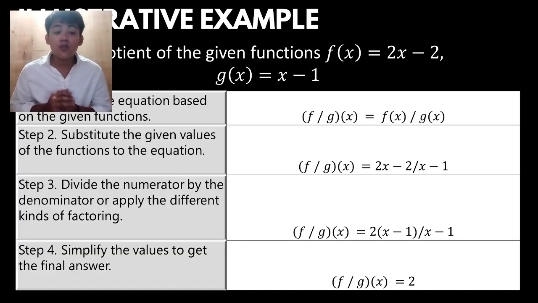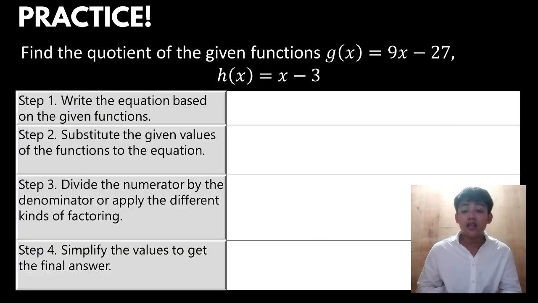So are there any questions or clarifications for this one, class? None so far, sir. Okay, so you followed well in our discussion. To practice again, let's have another example to be answered by class number 23. Given the functions, g of x is equal to 9x minus 27, and h of x is equal to x minus 3.